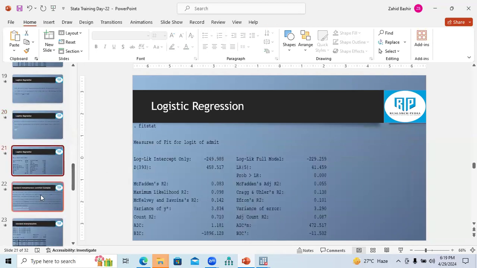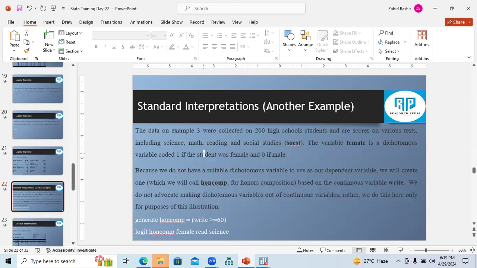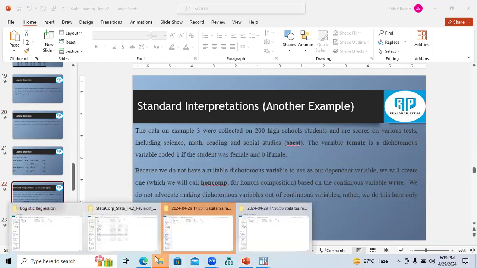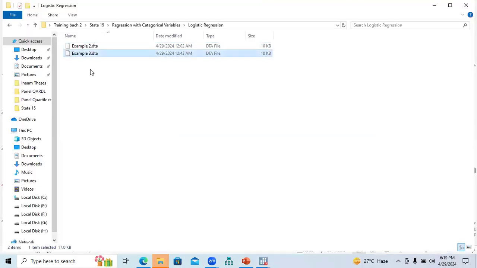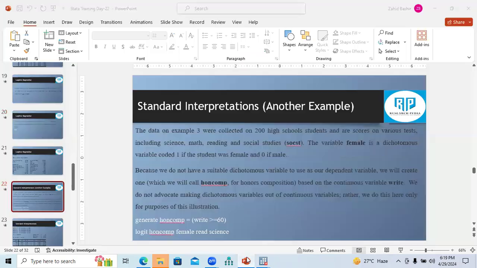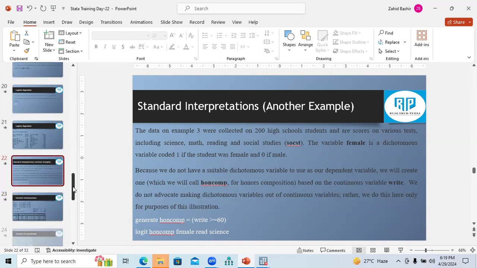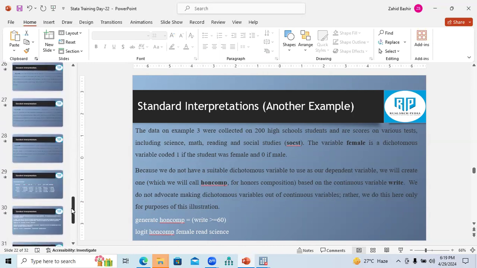So these are the models. Now I have also shared with you the data relevant to the third example in logistic regression. You can try it. I would show you what you need to do here, but we will consider it tomorrow because today the time of the session is over.